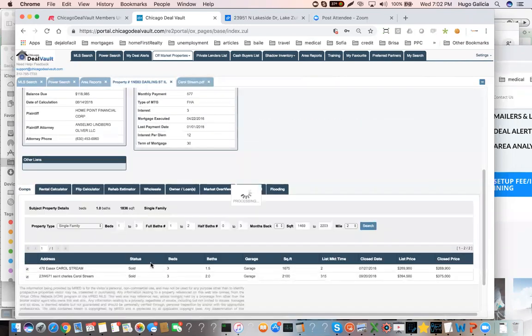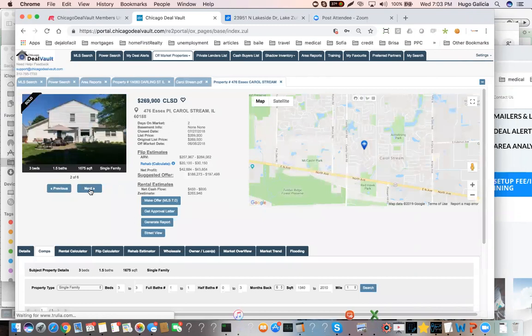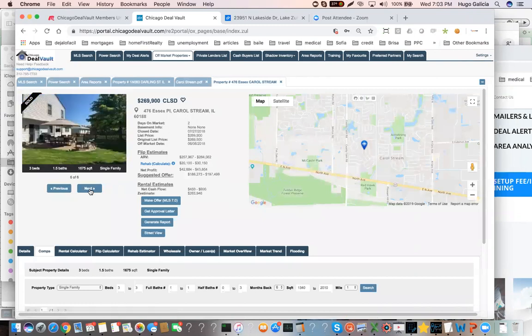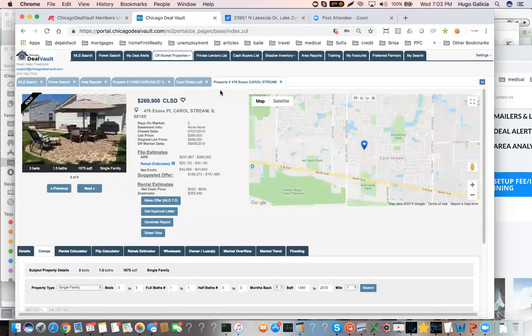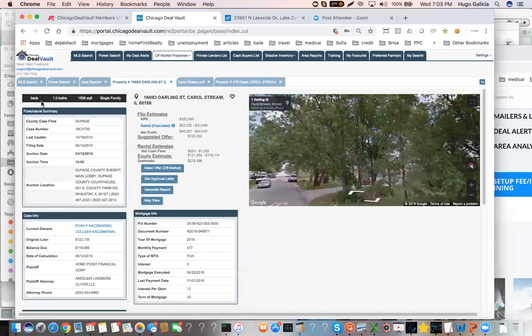The first one on Essex, 476, sold for 269. Let's look at the condition for these properties. There are no pictures from the inside, but in my opinion, this is a 3-bedroom, 1.5 bath, 1,675 square feet. This is more comparable to the subject property.